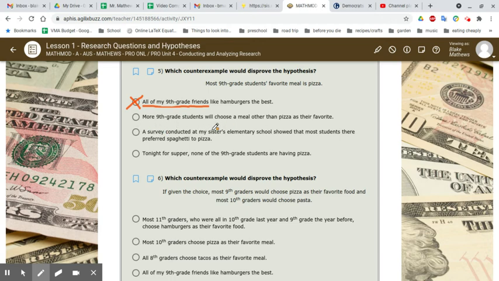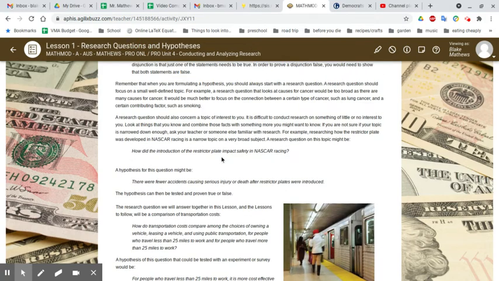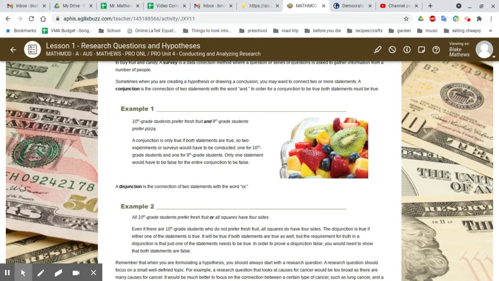A survey conducted at my sister's elementary school showed that most students there preferred spaghetti to pizza. Okay. Tonight for supper, none of the ninth grade students are having pizza. Okay, just because they're not having pizza tonight, that doesn't tell me anything about overall, right? It's just one day. Let's hop up here and read what they say about counterexamples.